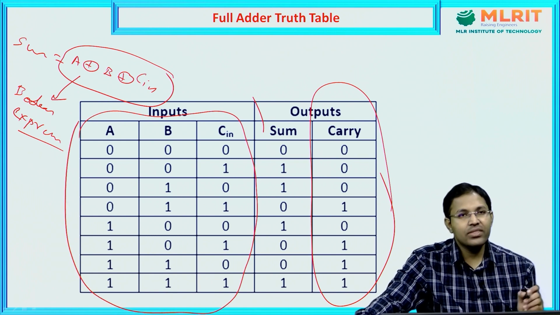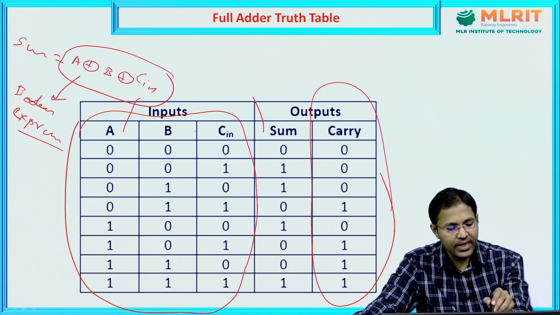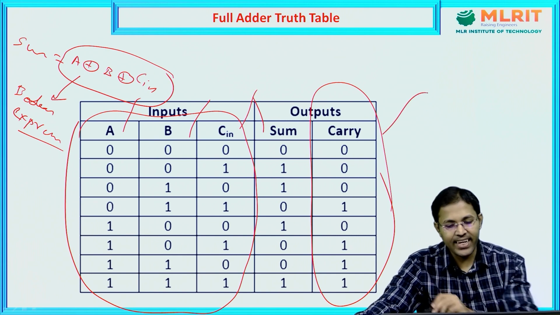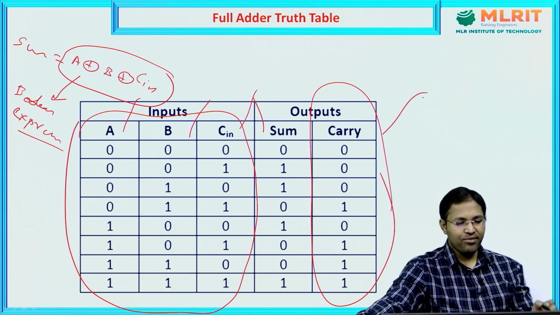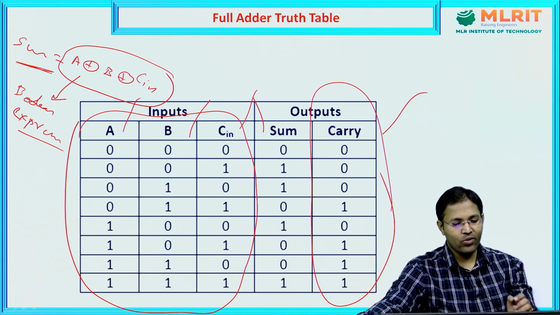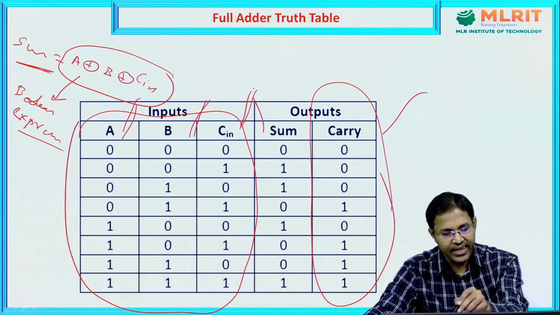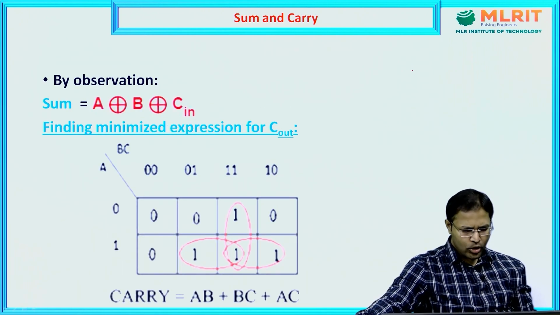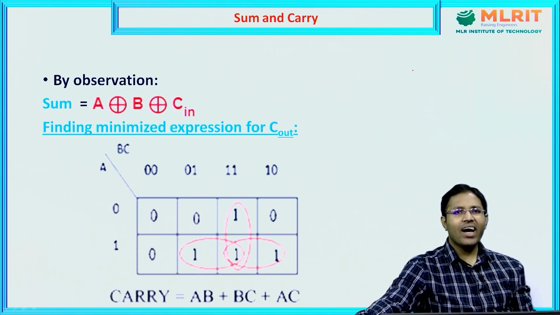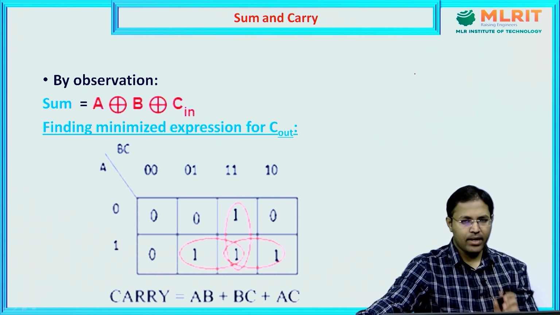So we are going to see 4 columns. What are the 4 columns? A, B, C, and carry out. Only these 4, the sum we have already simplified, so we are not going to see that. We are only going to see A, B, C and carry. Here, where all we have ones and where all we have zeros, we need to note down in the table.